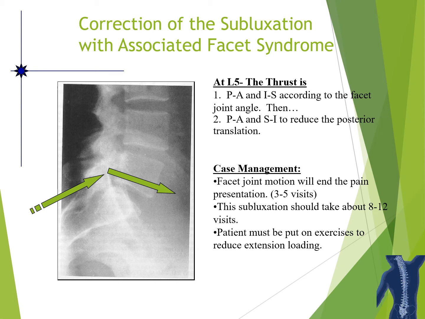We want to make sure that the pelvis stays in its normal position, good strong abdominal area, but also good core in general, and stretching exercises to stretch and open up these facets, because remember, they're contracted and so is the capsule, and we want to make sure that we give the patient these exercises. It will definitely enhance the care, how well they get out of their pain presentation, but also how well they maintain this condition once you've got them in the corrective or past the corrective stage.